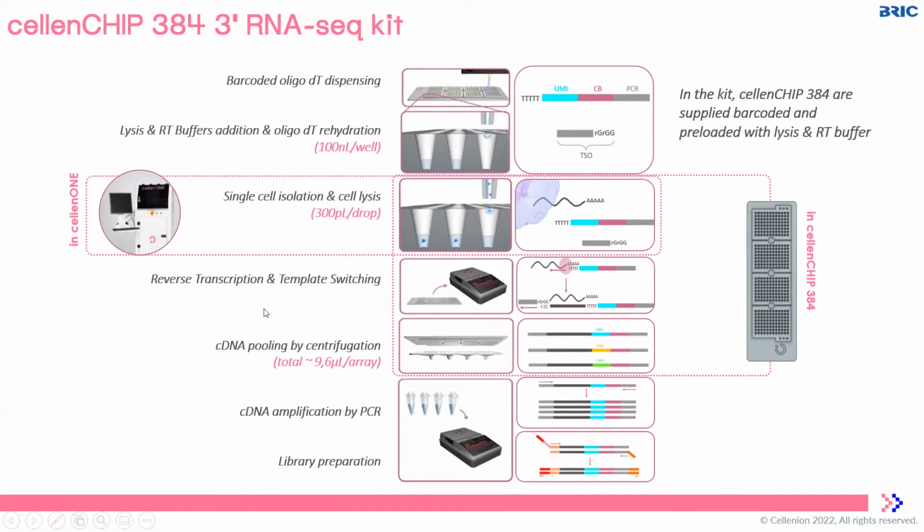Then you take your chip and place it into a thermocycler to do your reverse transcription at 42 degrees for an hour and a half. Once you've done that, we have developed a small funnel device that comes on top of the chip, and you spin that in a centrifuge. You collect the volume contained in all of the wells, and thus you collect your cDNA, and then you carry on your library preparation in a traditional manner.